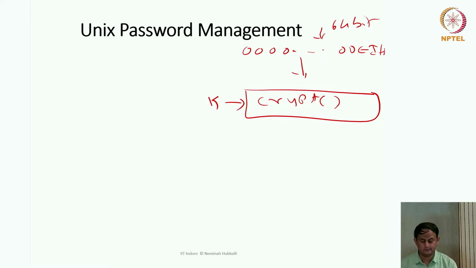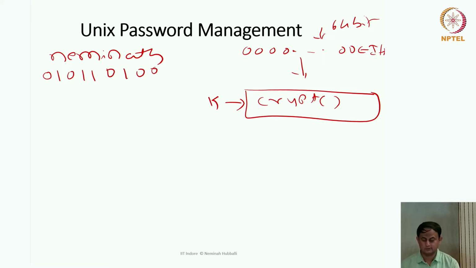The way it is generated is, let's go back to the previous example. If this is the password, you convert every ASCII character into a binary number. So maybe 0 1 0 1 1 0 1 0 0 corresponds to n, and then similarly for E. These are some hypothetical numbers, don't take that as exact, something like 1 1 0 1 1 0 1 1.